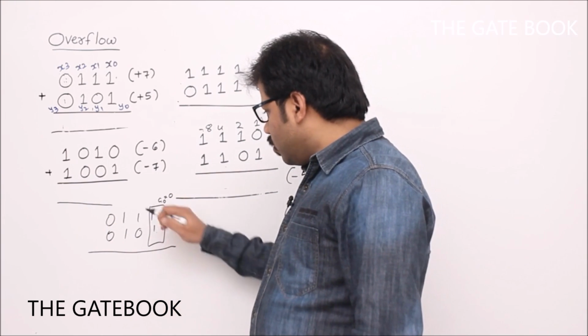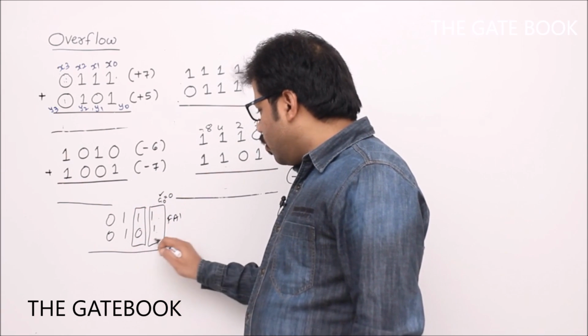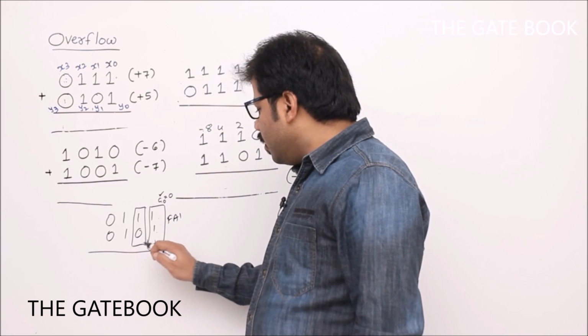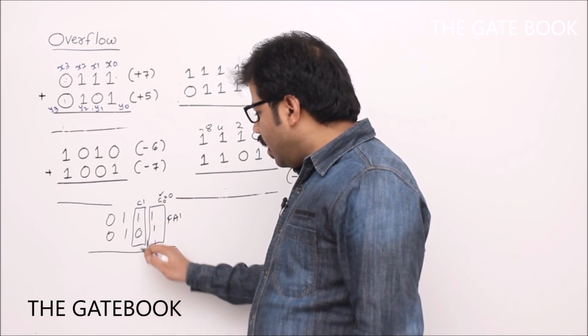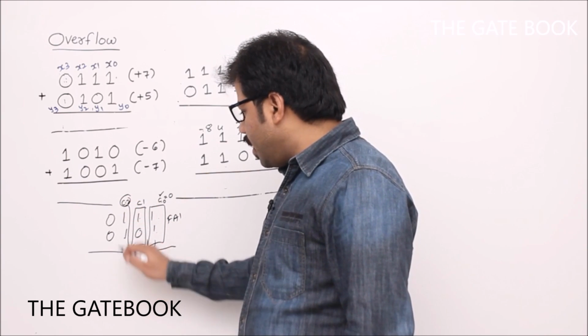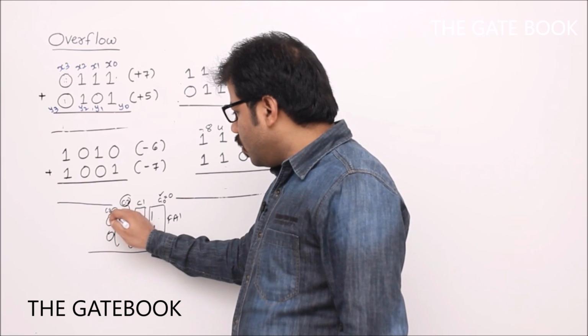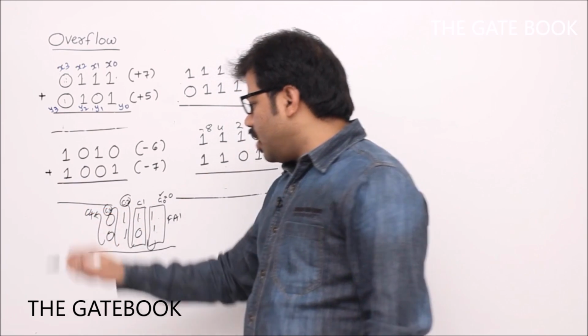So you get a sum, and this is the second full adder. Some carry comes from here, so that is C1. That and these two we add and you get a carry, that is C2. So C2 and these two bits will be added, then you get C3. Then if you add these three, you get another carry, that is C4. That is the terminology.